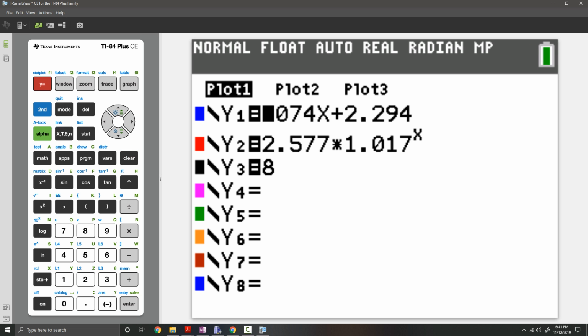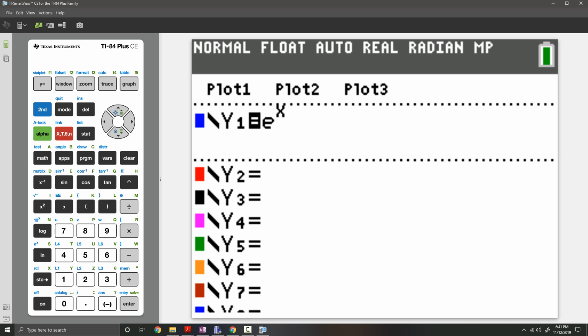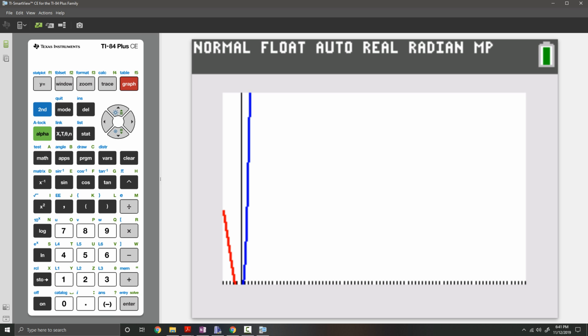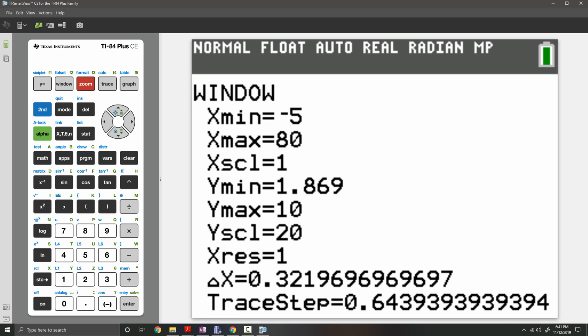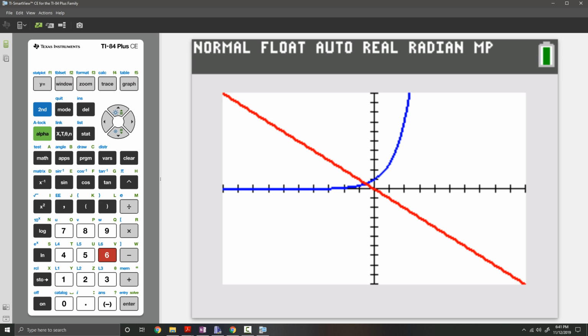So for the first one, let me just clear these, and I need to turn this plot off. All right, so we want to put in e to the x, so second e to the x into y1, because that's on the left-hand side. On the right-hand side, we have minus x. So I can look at the graph of this. So let me change my window. Let me try going zoom standard, see if that looks nice.